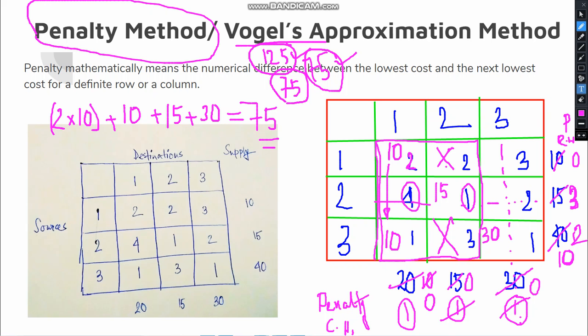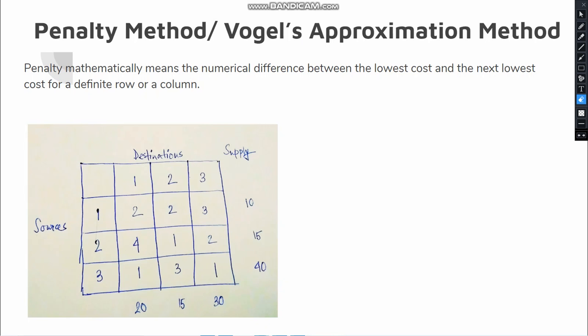Okay, so we will end this lecture here. For a little bit of recapitulation, whenever the total supply is equal to the total demand, we can say that it is a balanced transportation problem.